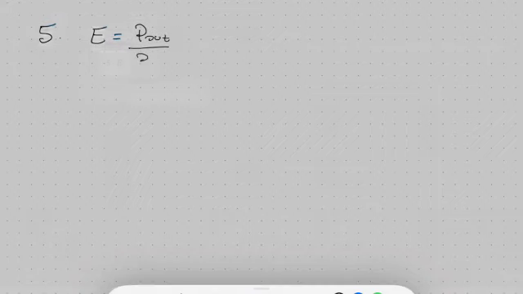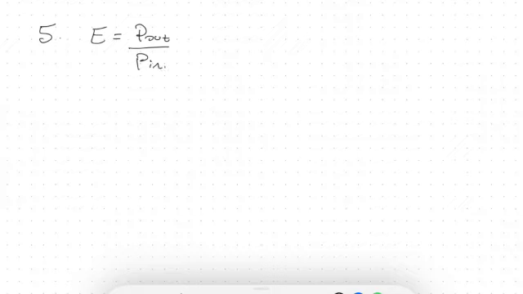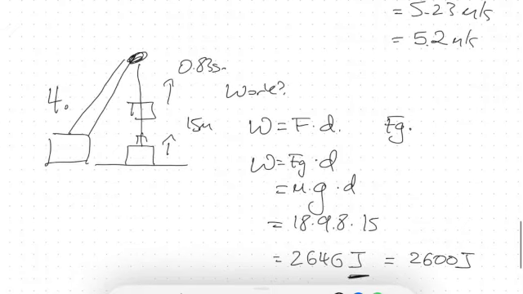The key equation here is the efficiency equals power out divided by power in. So the power in is what the crane does. The crane, the power in. The power out is what's happening to the rock.